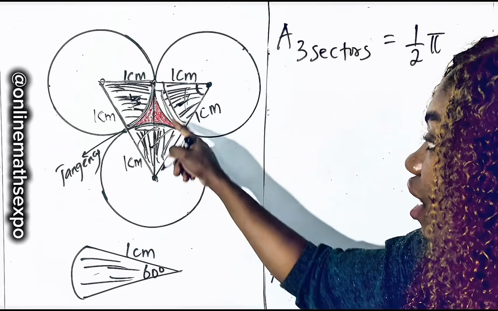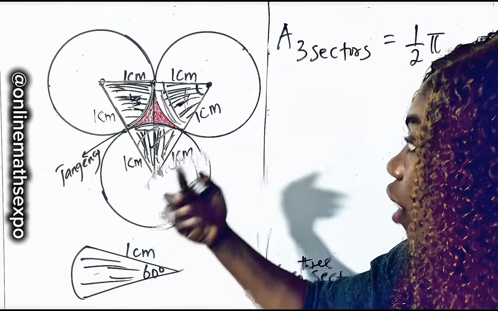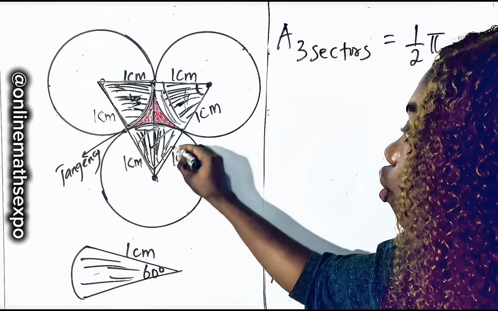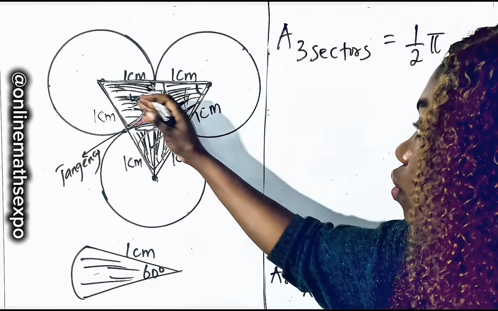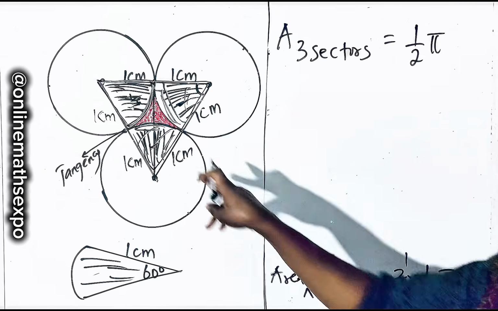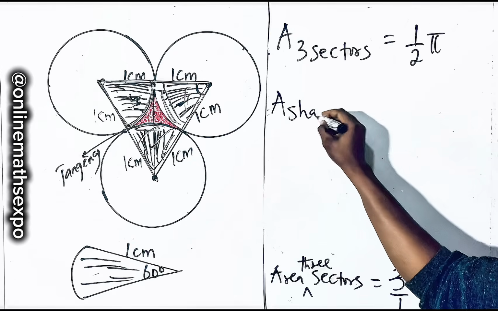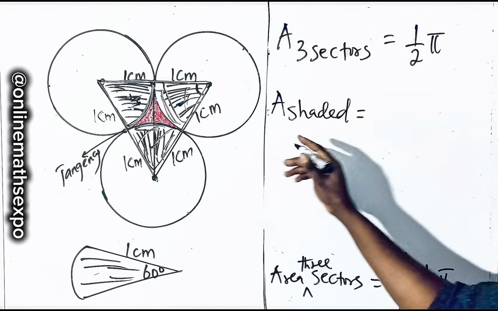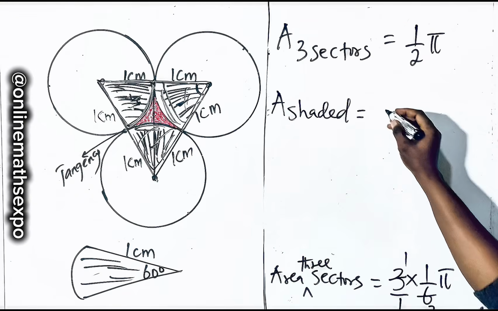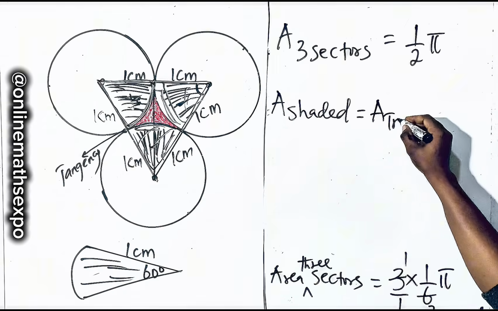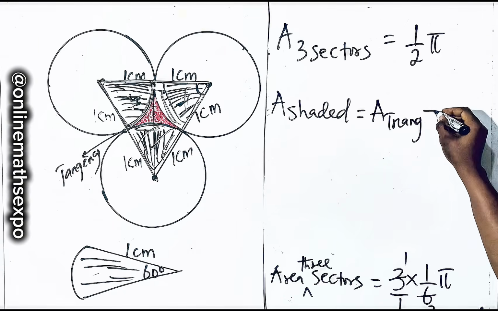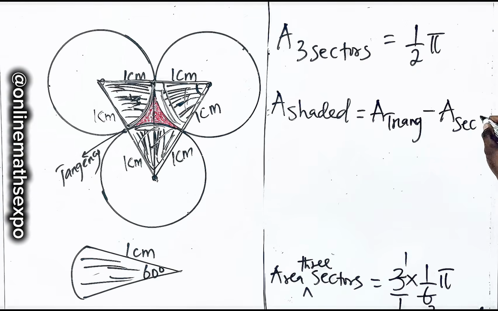Now that we know the area of the 3 sectors, and we also know the area of the whole triangle that encloses these 3, we can easily get the area of the shaded. So we have area of triangle minus area of the sectors.